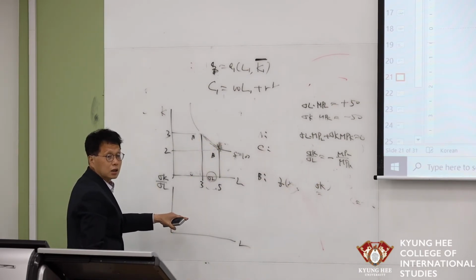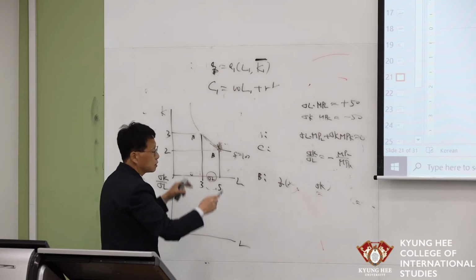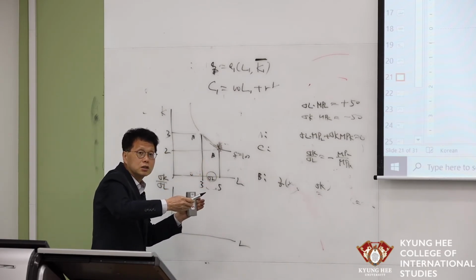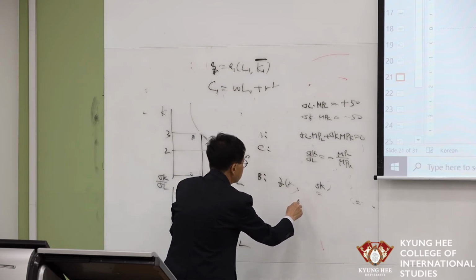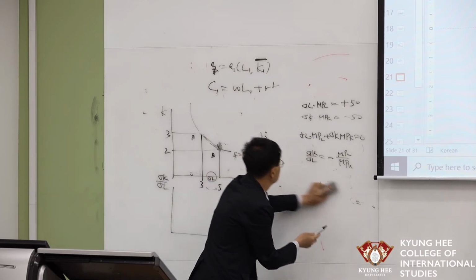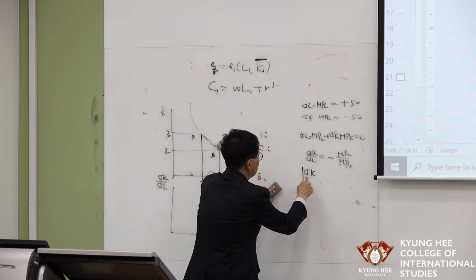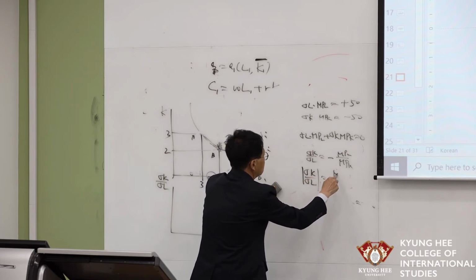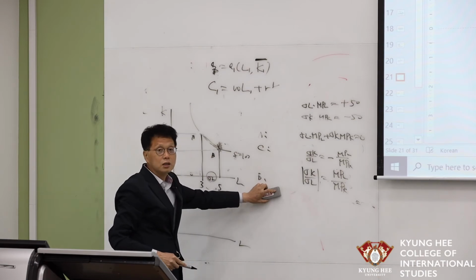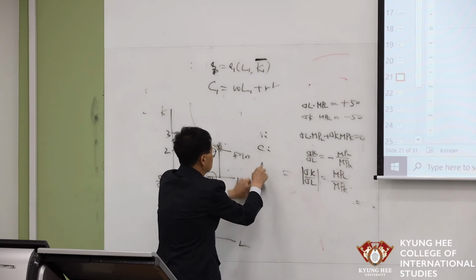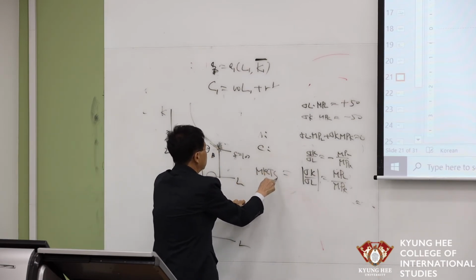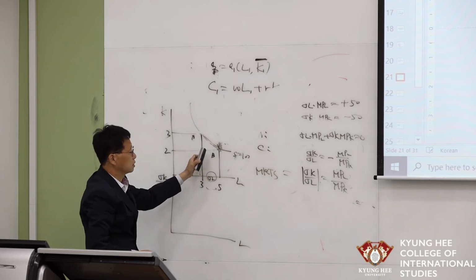Right? And slope means absolute value of changing rate. Right? Slope means absolute value of changing rate. That is MPL over MPK, isn't it?